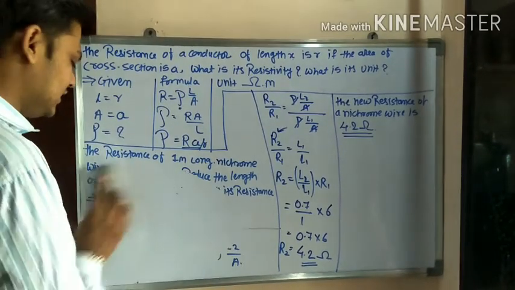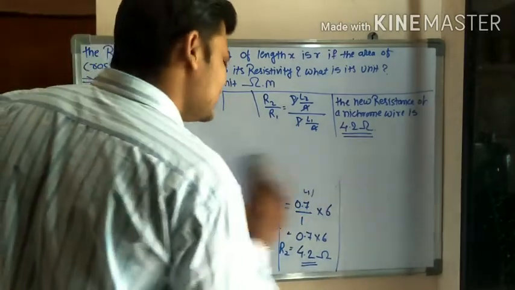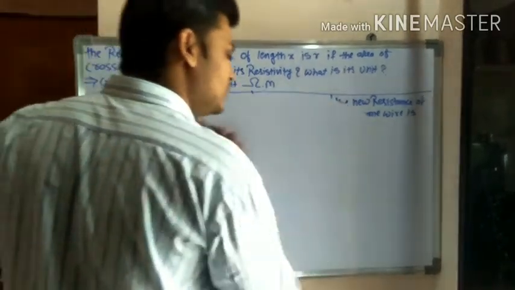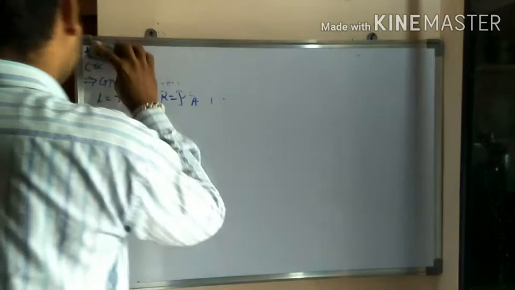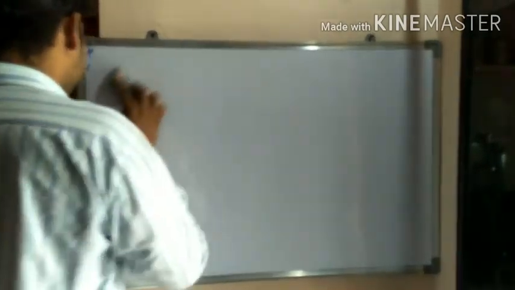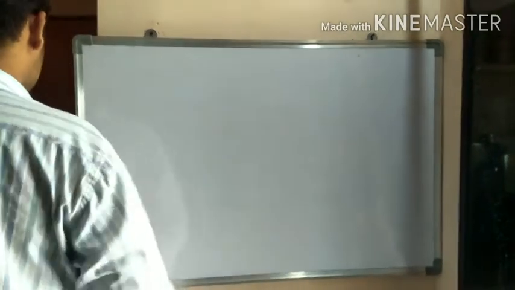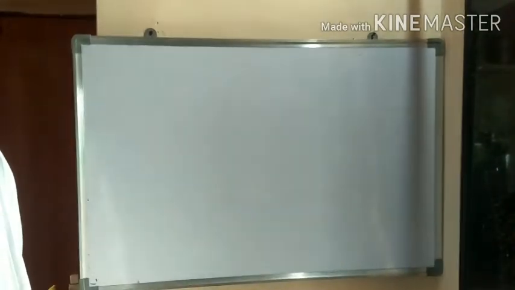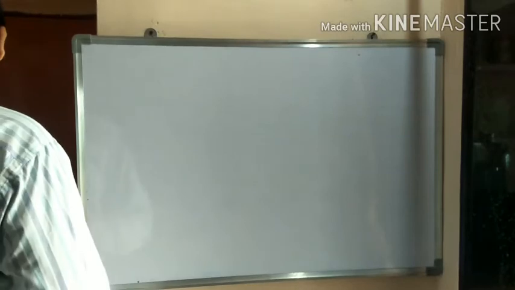Now we are going to take the third, the next numerical, which is exactly similar to this. The numericals we have seen previously from the textbook are exactly like this. Now the next numerical, I'm going to read it.